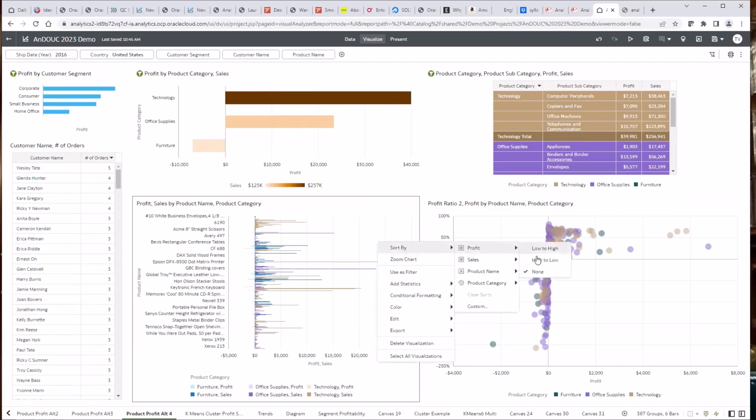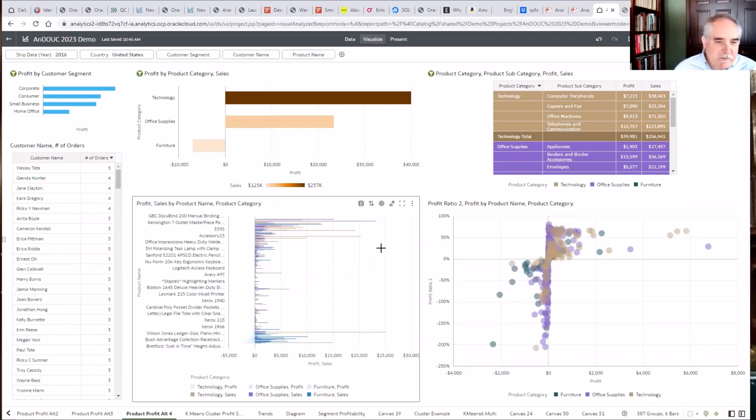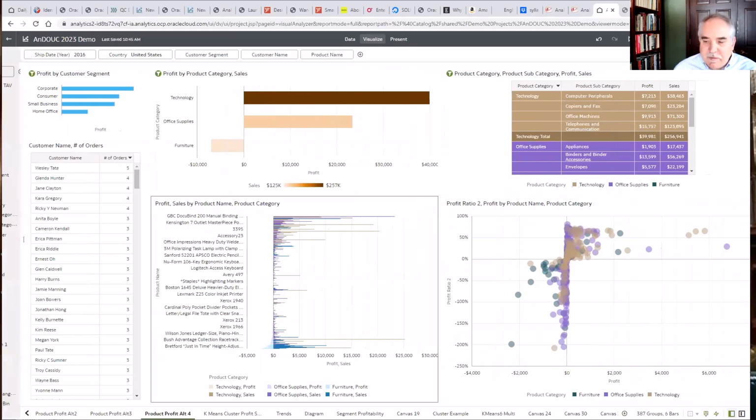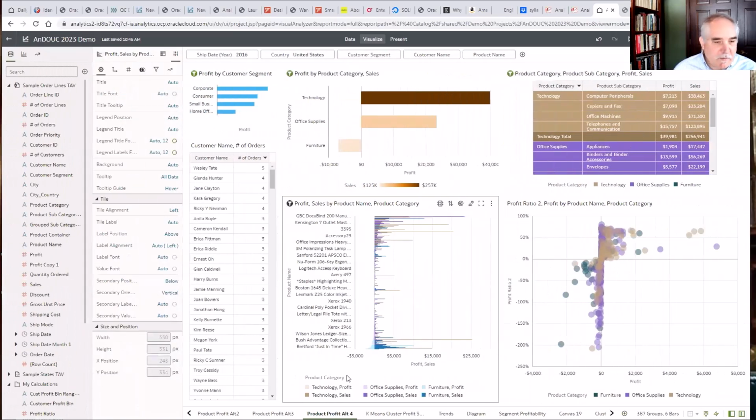Yeah, so for example, if we change to a bar graph on this, we're going to find that we lose some of our ability to see the real distribution of this data along this particular axis of profit. What we should do is take off sales so that we're only looking at one measure.